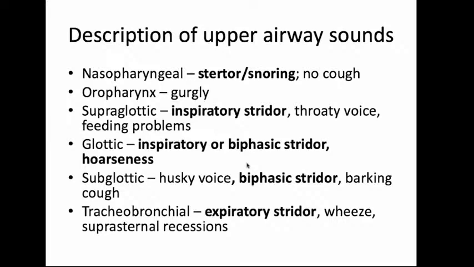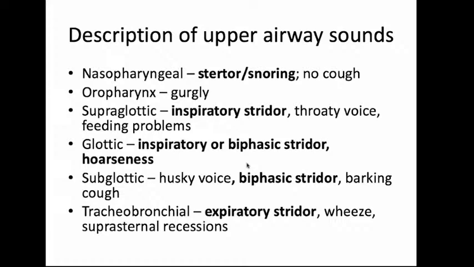It accompanies the inspiration, but the expiration doesn't have a sound. The voice is throaty, and the patient will also have feeding problems because at the supraglottis, you are just next to the digestive tract as well.